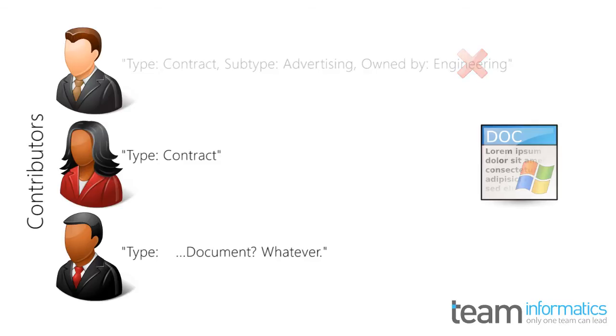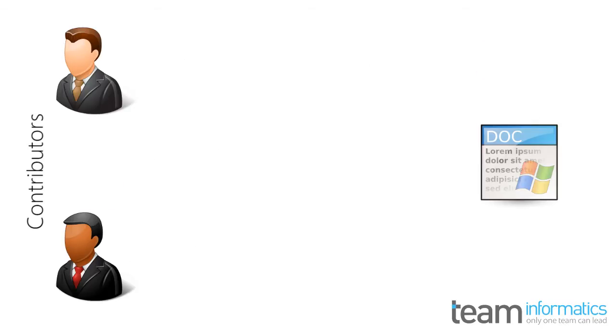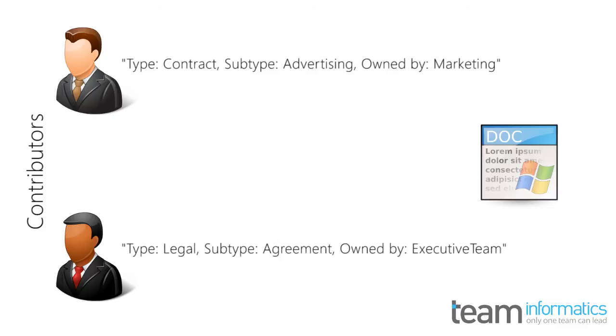More subtle, but equally as worrisome, is that in some cases, right between those two, it's possible for two conscientious people to contribute the same content, but with different metadata, thanks to different interpretations.